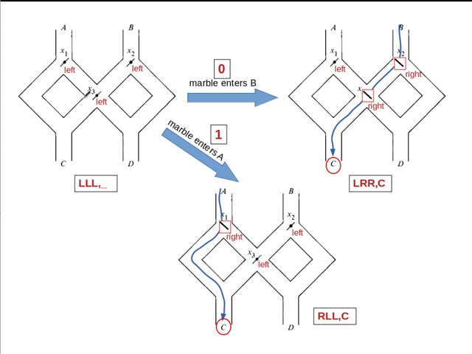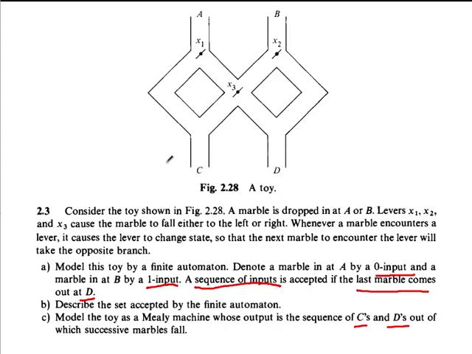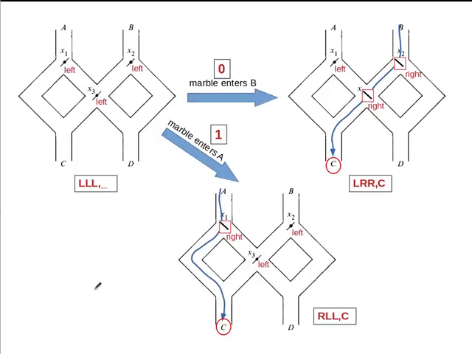Now you start with this configuration. So you remember the language we are trying to accept is this, the sequence of inputs for which the last marble comes out of D. Okay. So this is your initial configuration of this machine, right? This toy. Now suppose you drop a marble through this A. So that means one input, right?